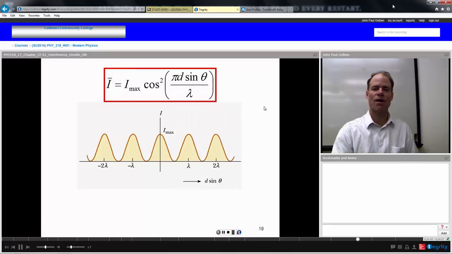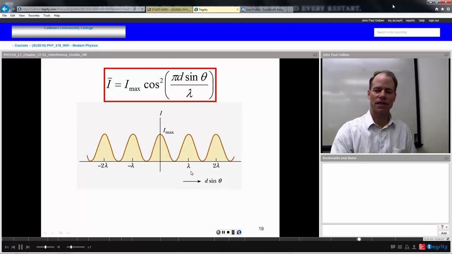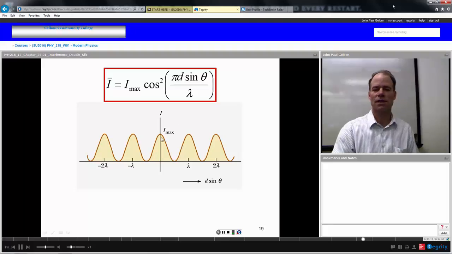If we were to graph it as a function of d sine theta, we would find with each increasing lambda, 2 lambda into this expression for d sine theta, we would get a repeat of the cosine function, and squaring that, we get an intensity peak at those points. So this is showing where our maximums and minimums are on our intensity distribution.